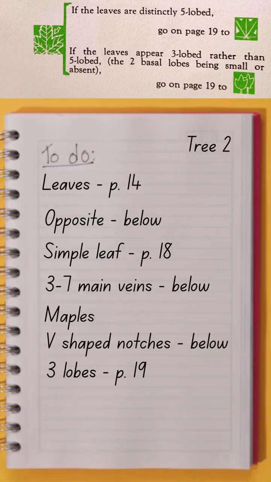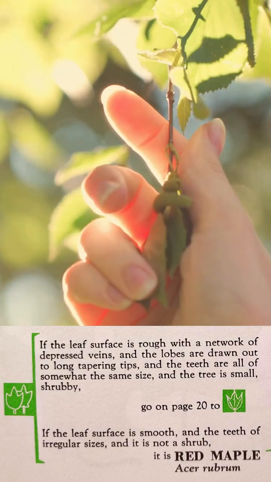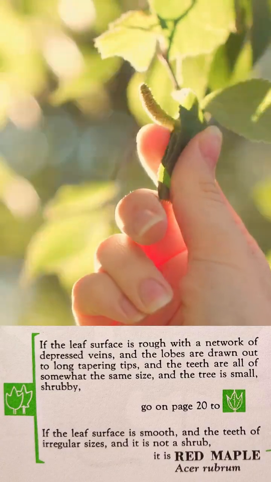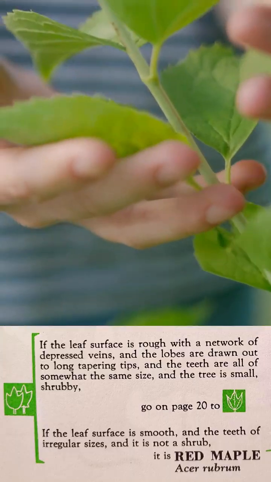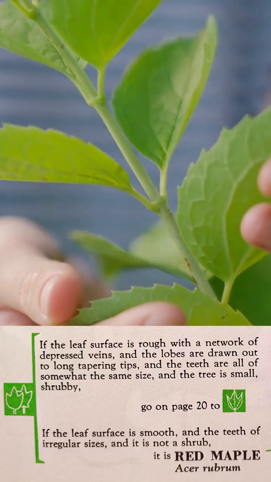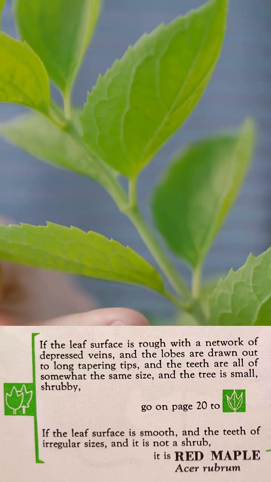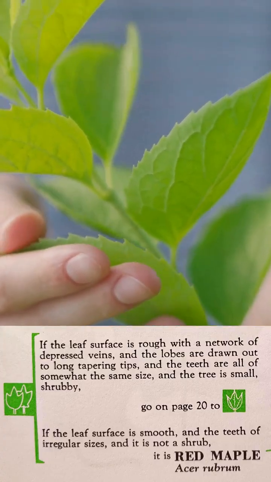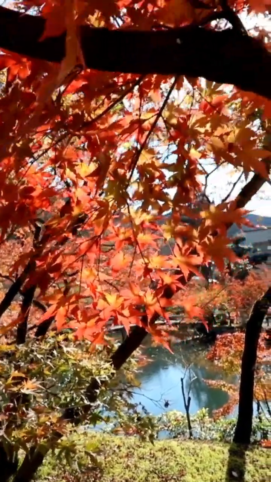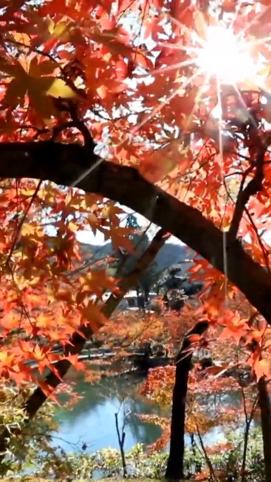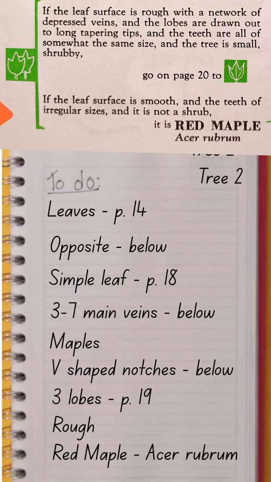Don't forget to record your place. Is the leaf surface rough or smooth? Feel it. It's smooth, and this is where you're going to start feeling leaves, because that's how you'll know what is rough and what is actually rough. While we might think this is smooth or rough compared to certain things, it's actually really, really smooth. So we have smooth. What are we looking at here? A red maple.